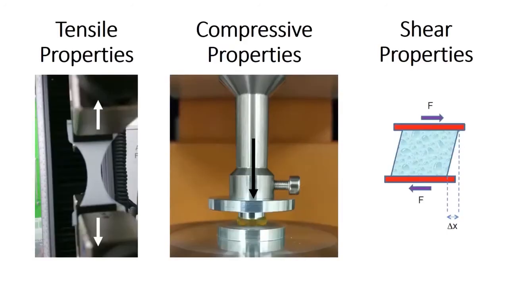Well, like we just mentioned, there's three different ways to characterize the mechanical properties of hydrogels. One includes tensile testing, another is compression, and another is shear. And actually this middle picture is of the rheometer we have in our lab, and it can do all of these three things. We have different attachments that allow it to measure tensile, compression, or shear.